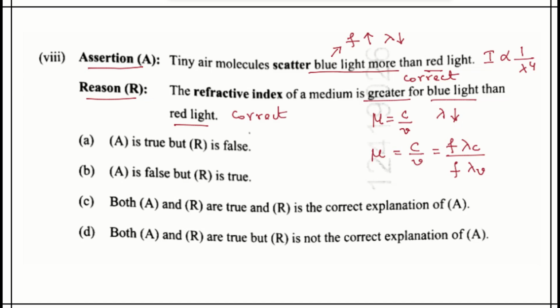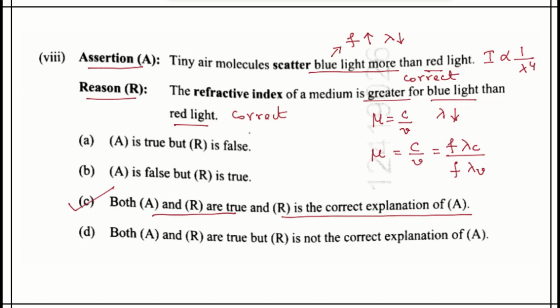So as the assertion itself reveals the concept which is the correct reason provided in the question paper, therefore the reason is the correct explanation for the assertion. So the correct answer will be option C. Both assertion and reason are true, and reason is the correct explanation of assertion.